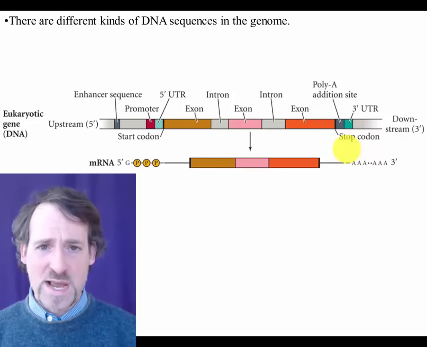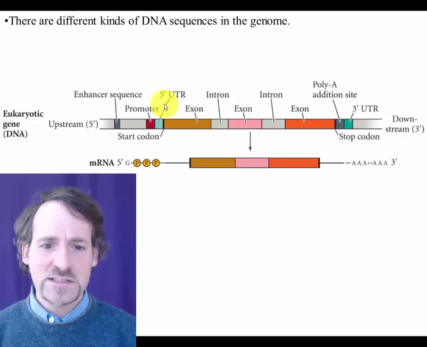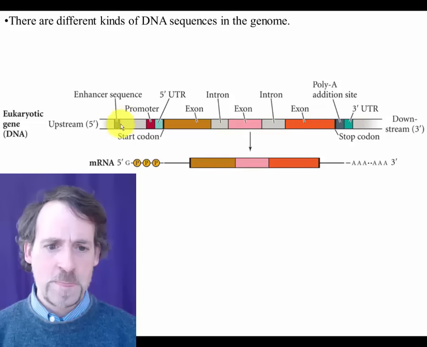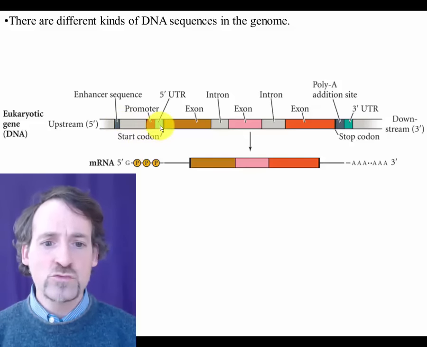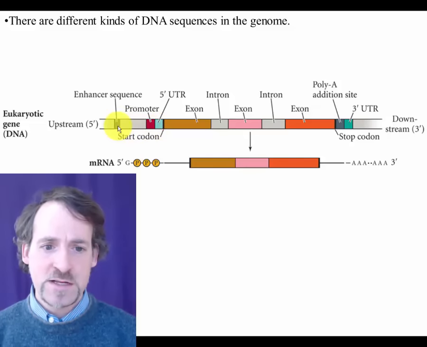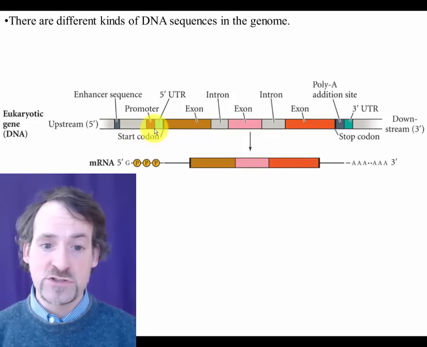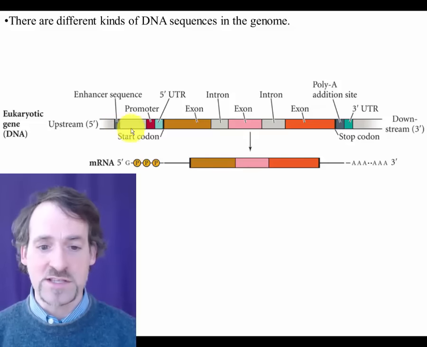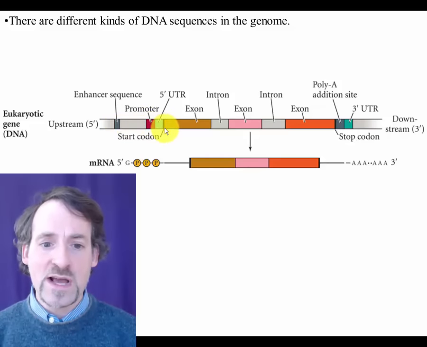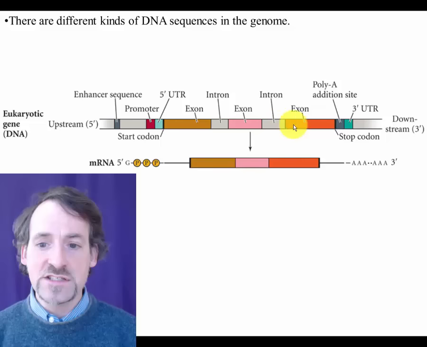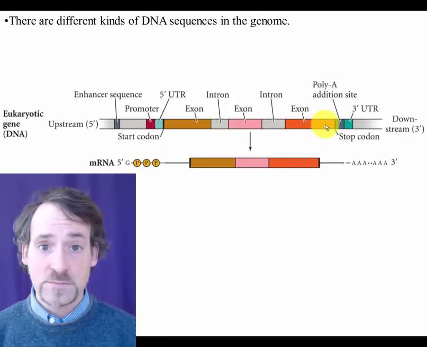This is a very messy diagram, but let's just take a look at it and break it down a little bit. What you see here are certain regulatory regions. These are regions to which proteins bind during the transcription process or certain other processes, and they affect whether or not this gene gets transcribed.